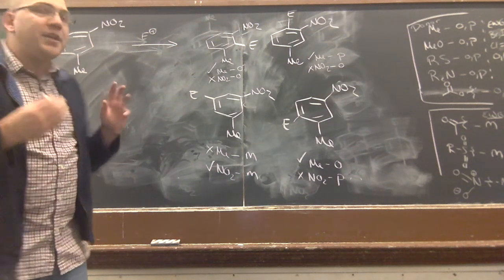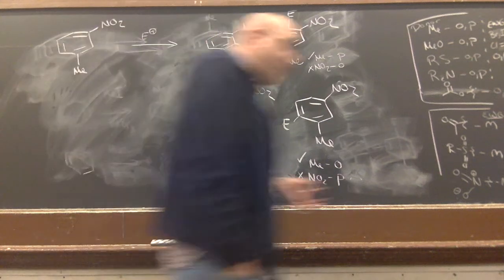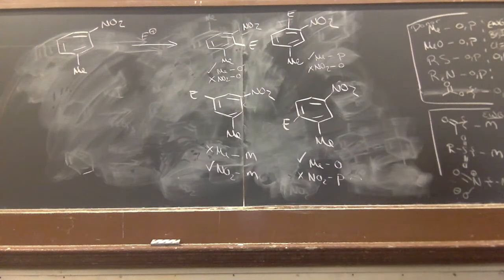Okay? In general, when you come across a problem like this, it's good to look at the molecules just like we have. And the first rule that you can imagine, and this is the one that works, okay, is that usually the donor trumps, okay?